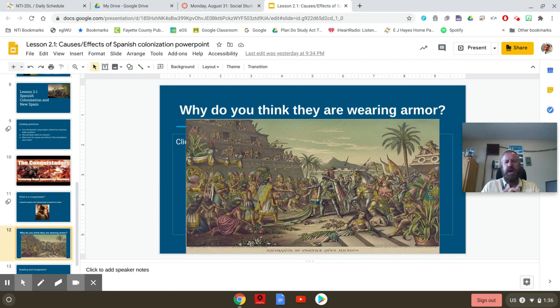So we're going to look at, in class, we actually talked about this a little bit more, but why do you think these people were wearing armor? I'll give you just a moment to think about why you think these people here on the right were wearing armor. All right, so some of your classmates talked about the fact that it was for protection.